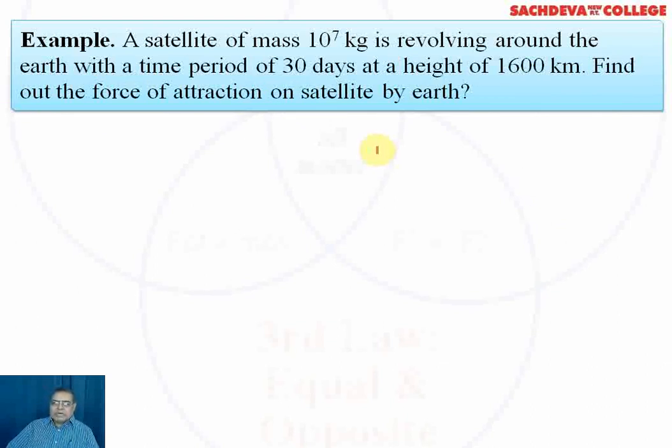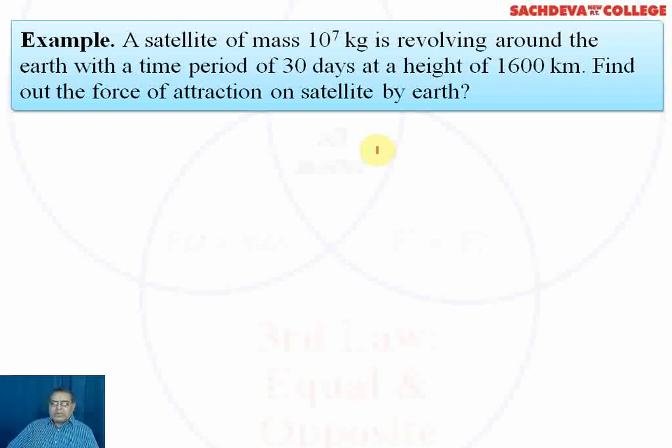Whenever a satellite moves around the Earth, there is attraction between the satellite and the Earth. This gravitational attraction provides the necessary centripetal force, due to which the satellite goes on moving around the Earth.